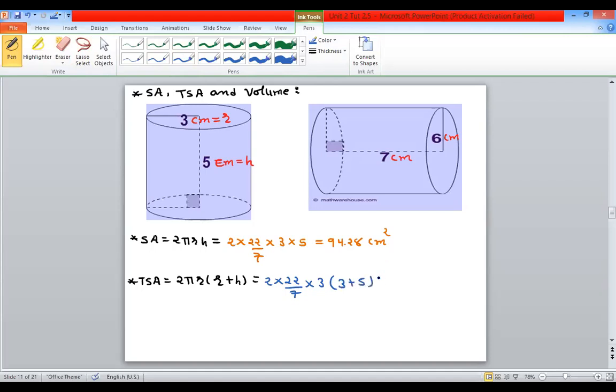Now take the sum: 2 into 22 into 3 into 8, and the whole divided by 7, which is 150 point something.